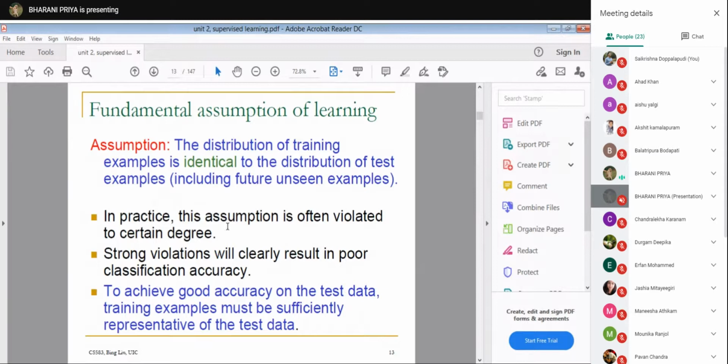The system will randomly pick the data and itself divide the data into a training set and a testing set. So when you are randomly picking the data using the tools, you are assuming that the distribution of training data and testing data are identical. This is the main assumption you are making.